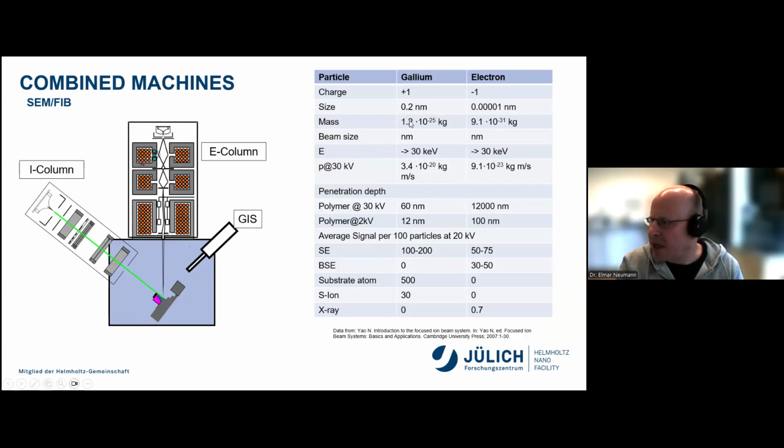We see here very clearly the differences using gallium versus electrons. It is simply the mass. The mass of these ions, in this case gallium ions, is far larger, and we use this for manipulating the surface, adding, so to speak, the third dimension to this two-dimensional SEM image.